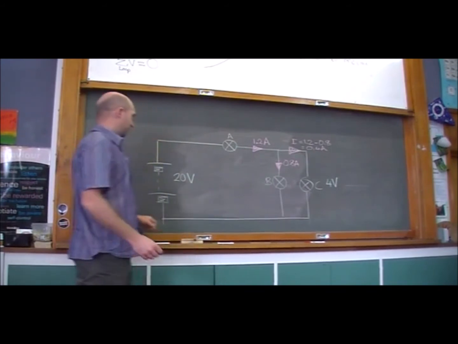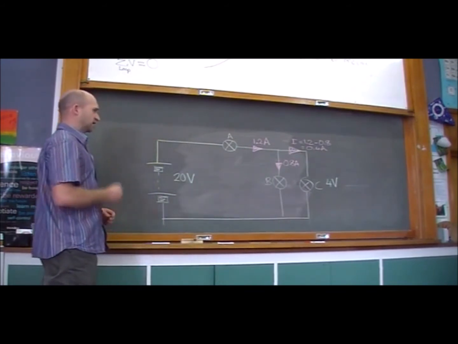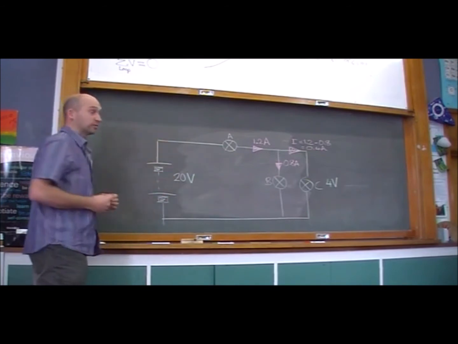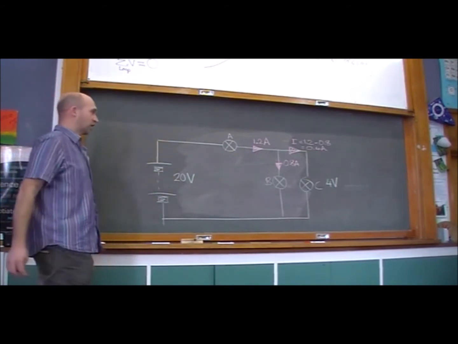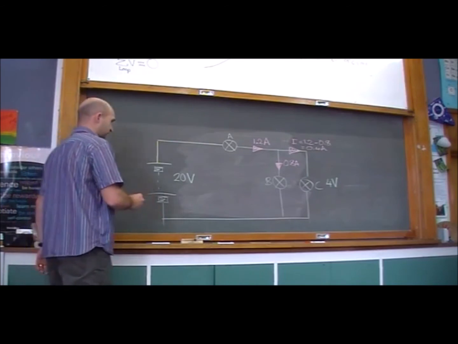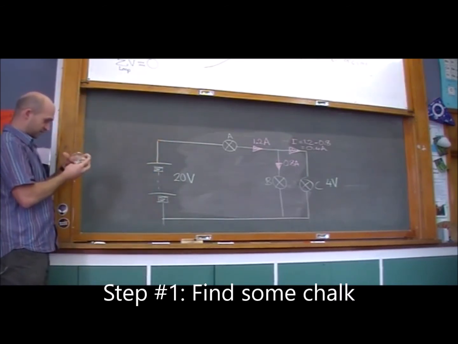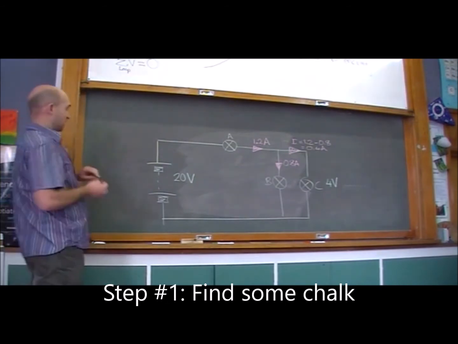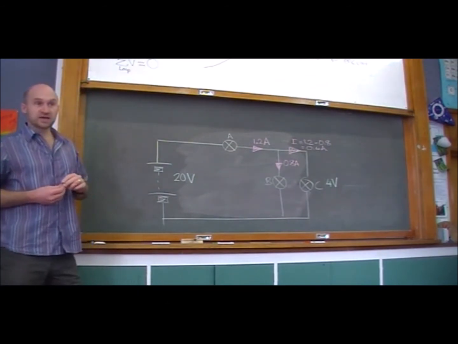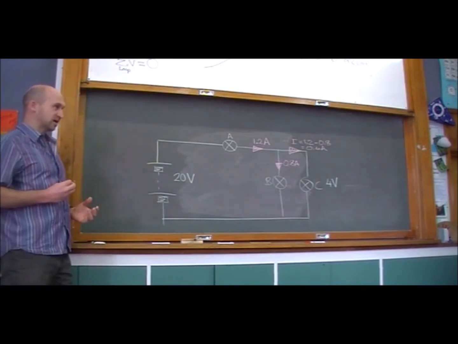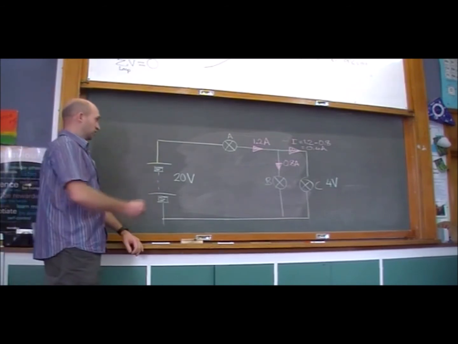And finally, we can think about writing down Kirchhoff's loop law for any closed loop in this circuit. If we're going to do a voltage loop law, we're going to choose a point to start at, and we're going to choose a direction to go in.